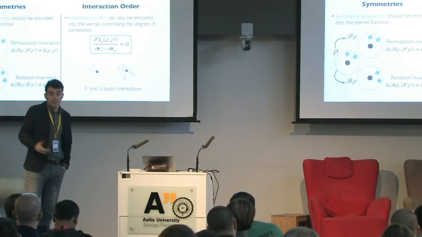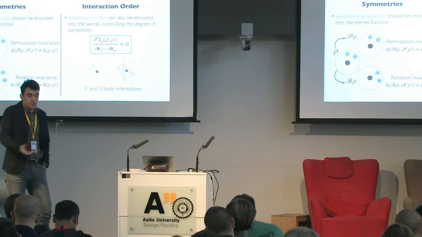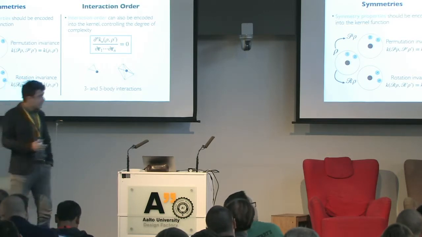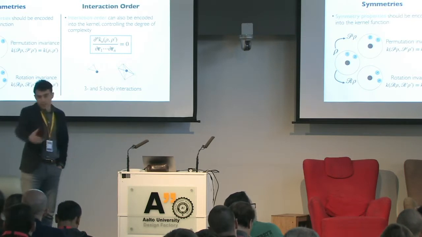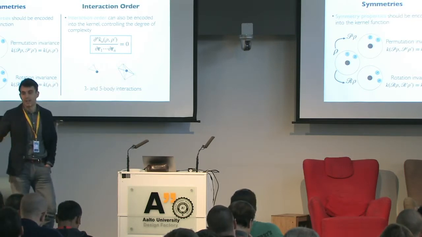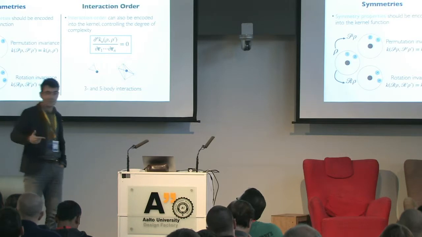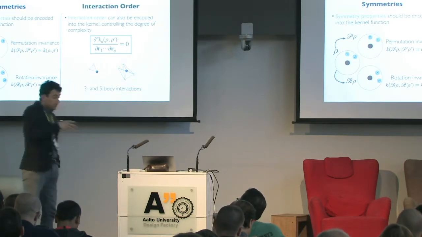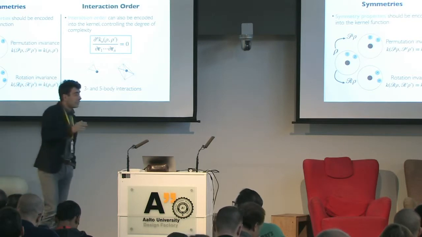If you have to learn every time that rotating an object doesn't change its nature, well, that's a hard task. So we want really to encode these symmetries into the kernel function. You should know them by heart right now: permutational invariance, translational invariance, and rotational invariance. And these can be encoded quite easily into the kernel. I will explain it in a bit.